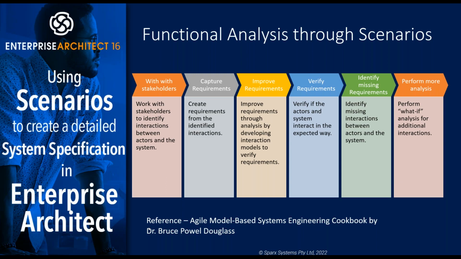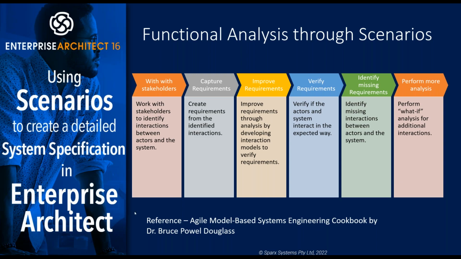And once that is done, we can verify the requirements using executable state machines or any other way that you want to verify the requirements. For today's example, we are going to use state machines. And then we identify the missing interactions, if there are any, and perform what-if analysis. This is the basic structure of doing functional analysis through scenarios.